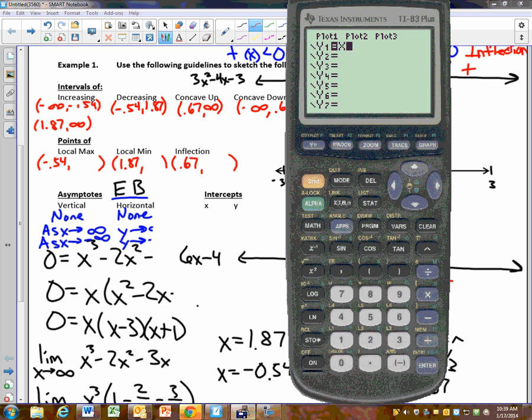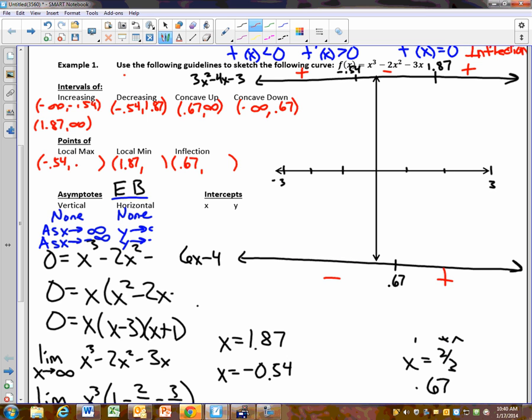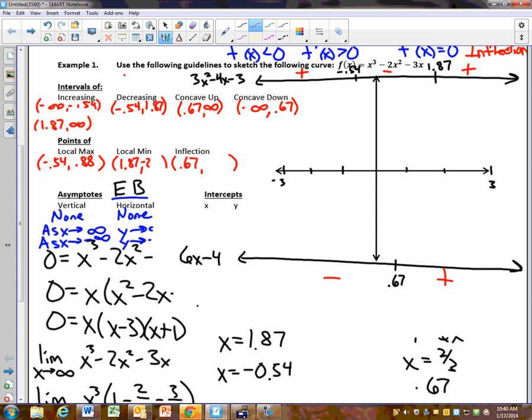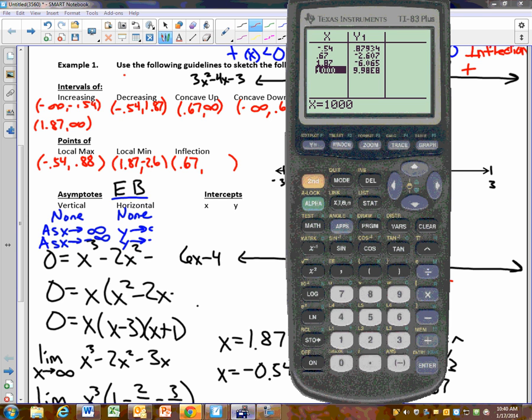I'll just use my table, x to the third minus 2x squared minus 3x, second table, and we plug in negative 0.54, 0.67, and 1.87. 0.88, negative 2.6, and negative 6.1.